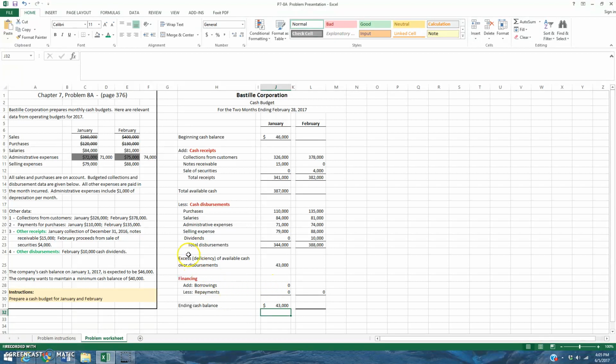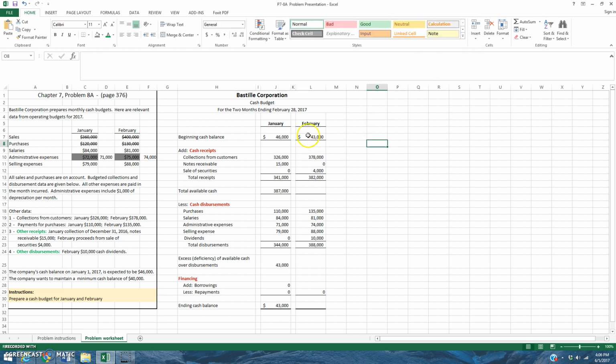We just kept our excess based on the receipts and the cash disbursements for the month. This number, the $43,000, also matches with the answer in the book, so we know we're on the right track. Now this is our ending balance for January, and we can pull it forward. In fact, we're supposed to pull it forward and make it the beginning balance for February.